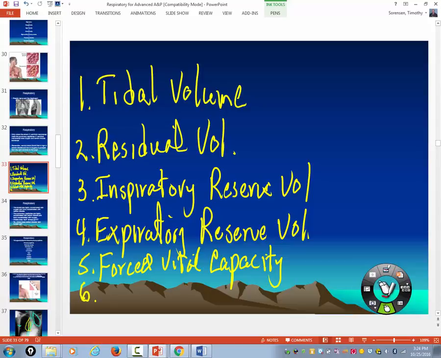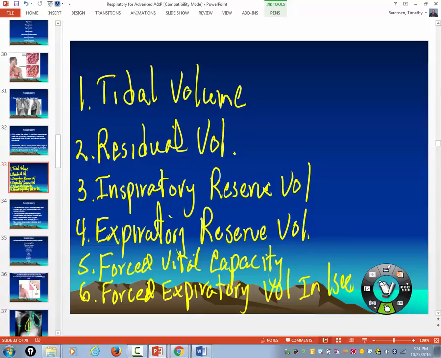Does that make sense? So you have the forced vital capacity. Then you have what's called the forced expiratory volume in 1 second.